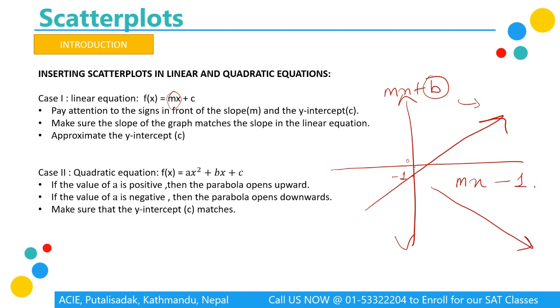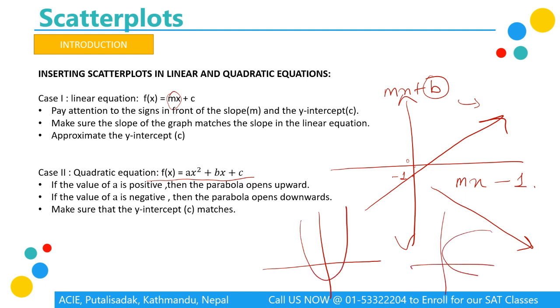Now case 2 is going to be quadratic equations. The first thing that we need to know is that quadratic equation graphs are not going to be straight lines. It's going to be parabolas, either facing like this or this or this. It depends.